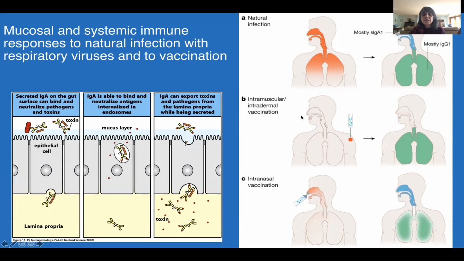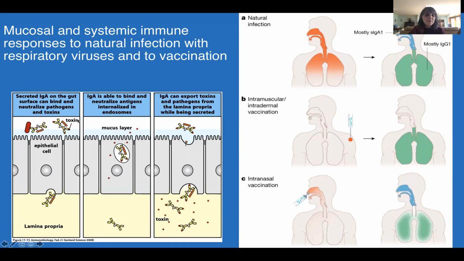But when you do an intramuscular or intradermal vaccination, you mainly get immunity further down in the lungs. Whereas if you do a natural infection or you intranasally immunize, you will get IgA immunity in the nasopharynx region and IgG antibodies in the lungs.